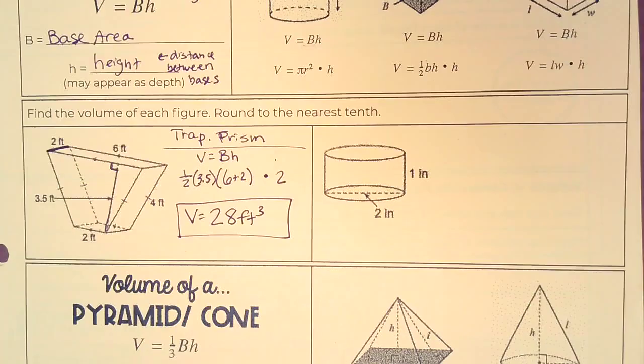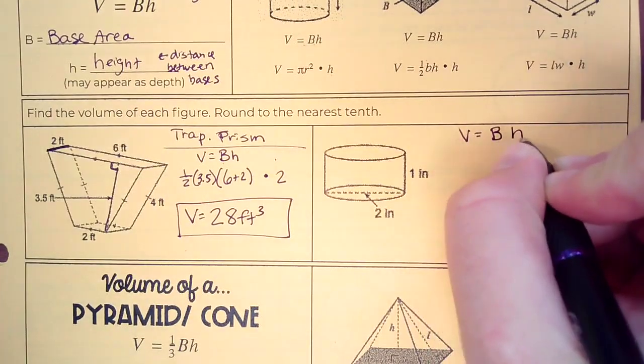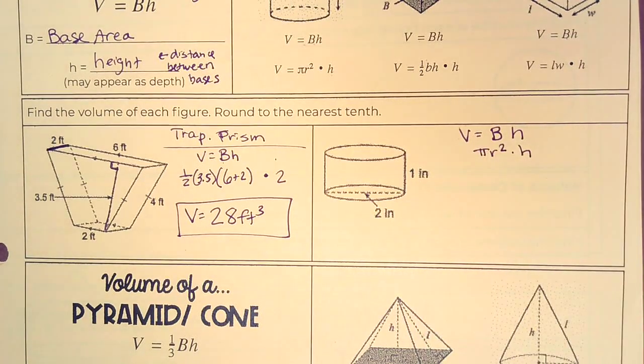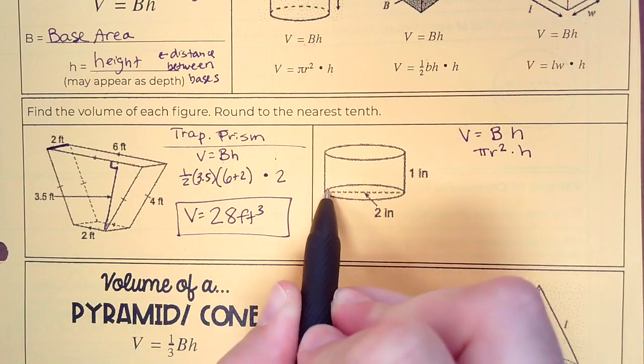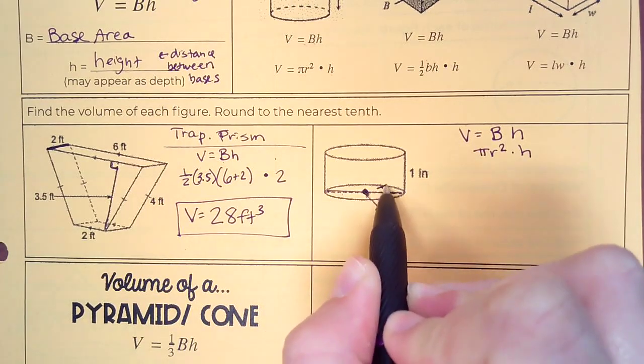The next one, we have a cylinder. So volume equals base area times height. The base area is pi r squared, and then times the height. If this entire thing is 2, that means the radius is 1.